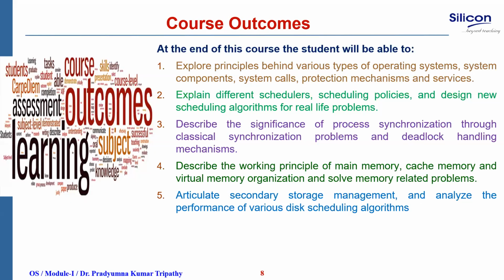These are the course outcomes, or in short, the COs. Each course outcome is mapped with one module. That means the first one is for module 1, the second for module 2, the third for module 3, then module 4 and module 5.